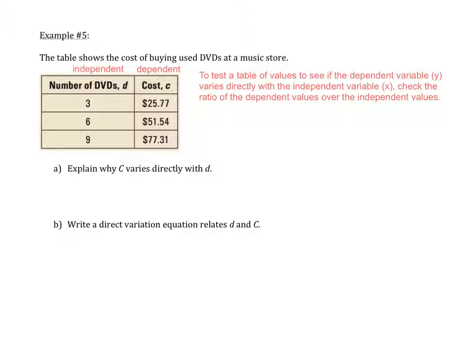This is because in the direct variation equation, we have y equals a times x. So if I solve for a, I would basically just divide by x. So all of your constants of variation will be equal to y divided by x. So again, all we're going to do is take our dependent variable values and divide by the independent variable values to see if we get a constant rate.